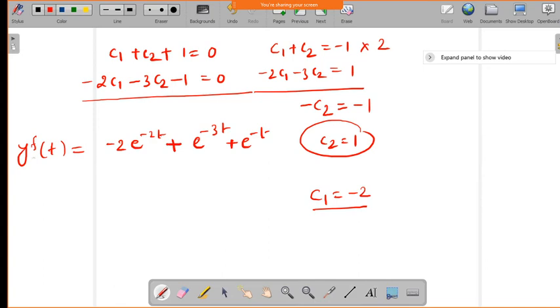So, are you getting the equation? Hello? Anybody who got other equations, check it out. So, this is for t greater than 0, all the responses, t greater than 0. Okay. So, this is the solution, the forced response.